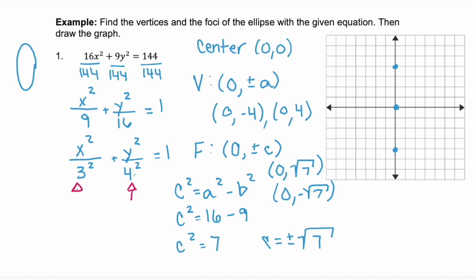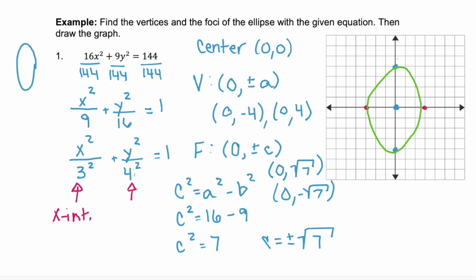Well, the value below the x squared will give you your x-intercepts. And here, that would be the point (-3, 0) and the point (3, 0). Now that I have 2 extra points, I have a better shot of connecting them and actually getting something that might look like an ellipse.